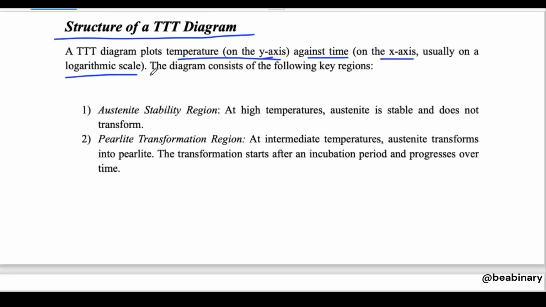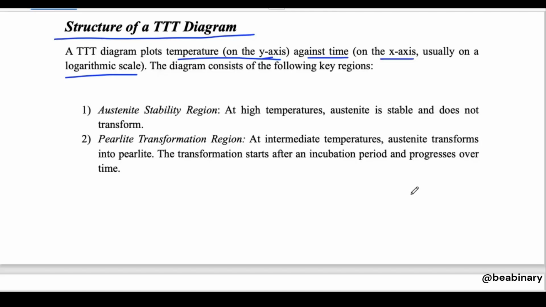With a normal axis we go 1, 2, 3, 4, 5, 6, but a logarithmic axis means we have converted to the logarithmic scale. 10 would be written as 1, 100 would be written as 2, and 1000 would be written as 3, because log of 100 base 10 is log of 10 squared base 10; the square comes in as a prefix, and log of 10 base 10 is equal to 1. That's why we are having 2.